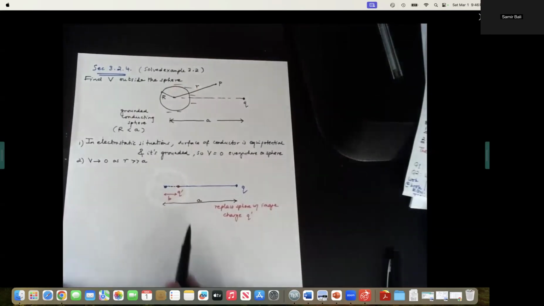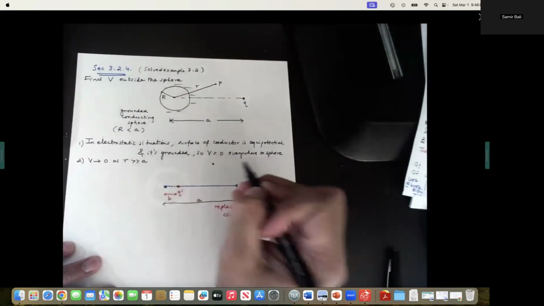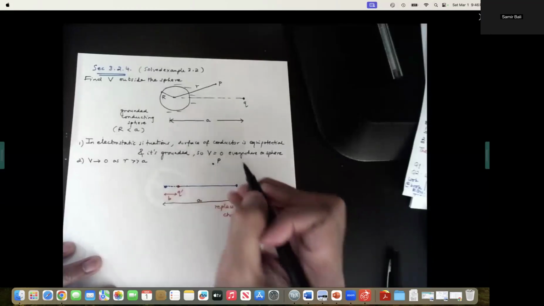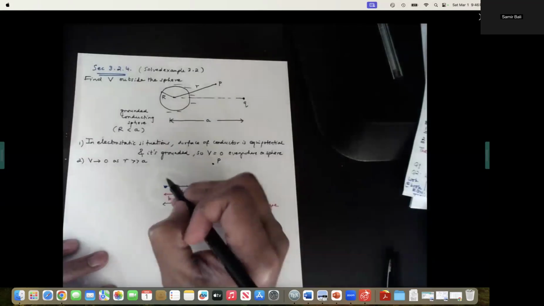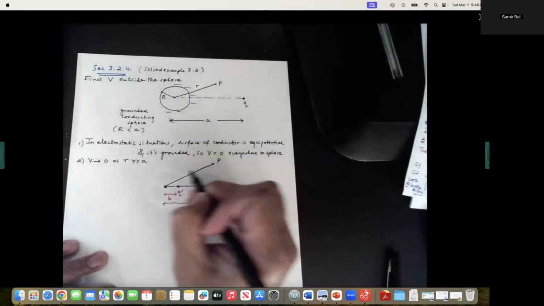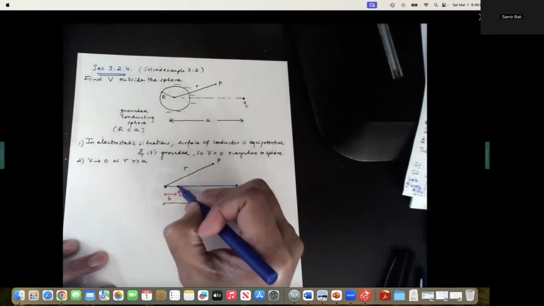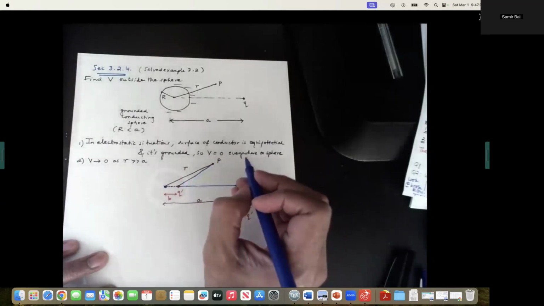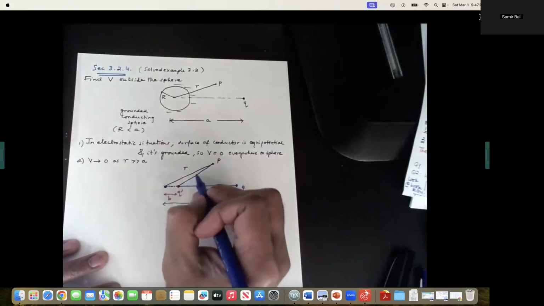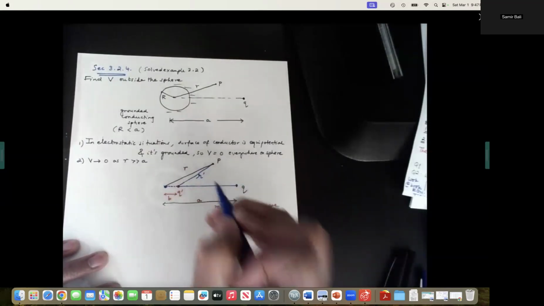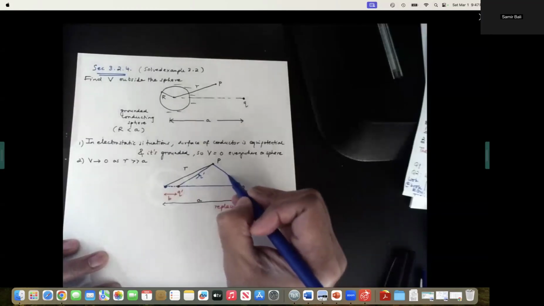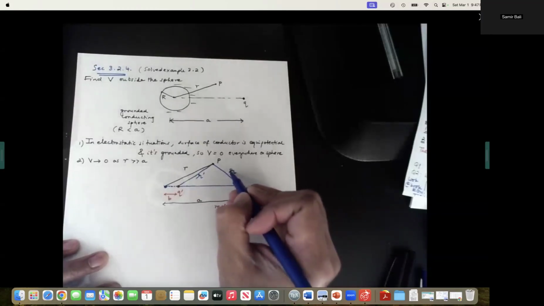Okay, so let's write out now what the potential at this point P is from these two point charges. Let's also put in this R location. This charge, q prime, is located at a distance r prime, and this charge q is located at a distance curly r.